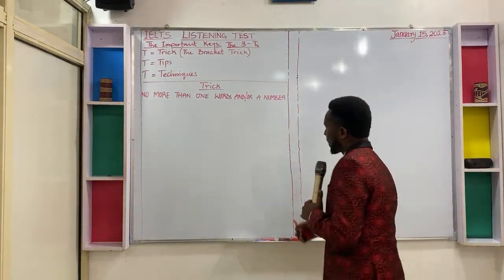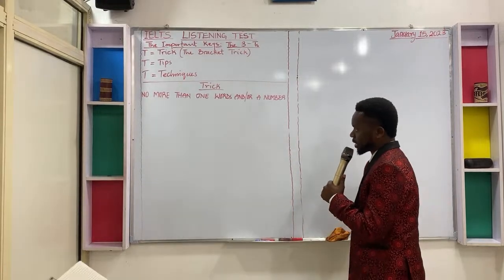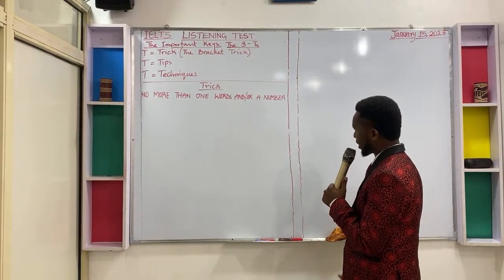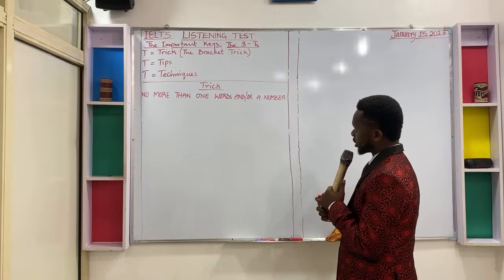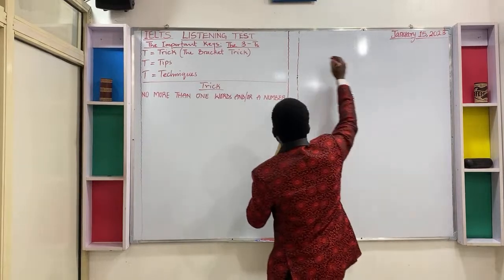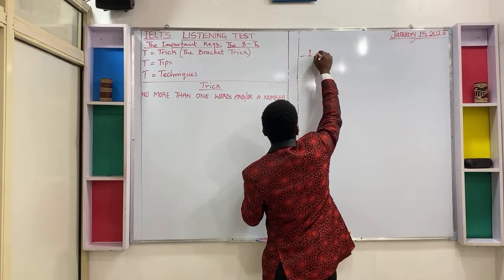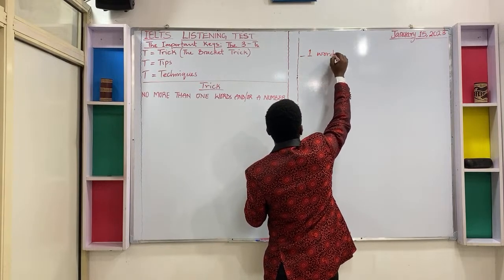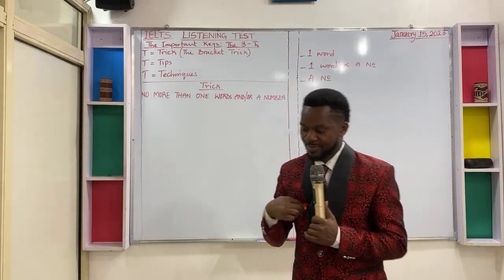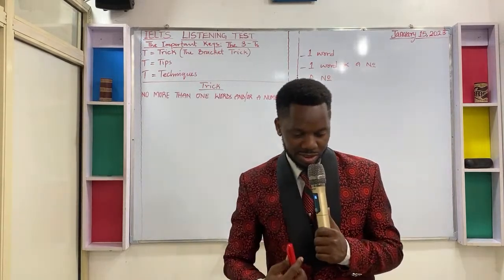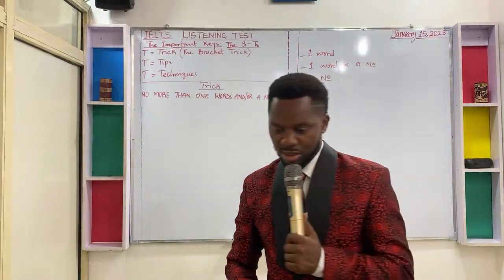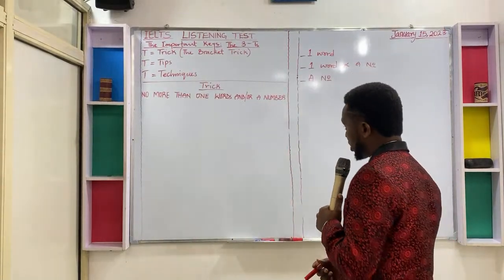When you have any section that says no more than one word and or a number, what it simply means is your answer can be written as one word answer. That's what this instruction means.